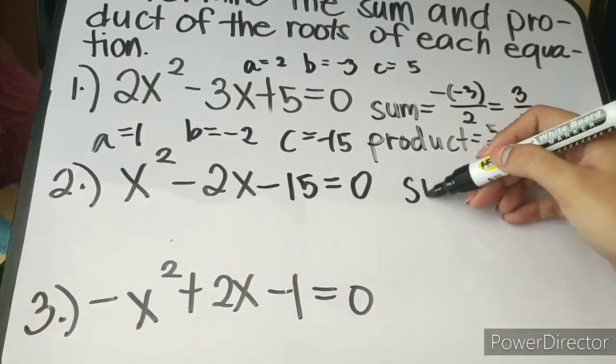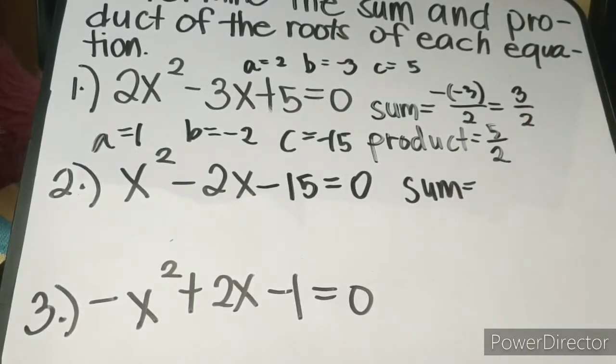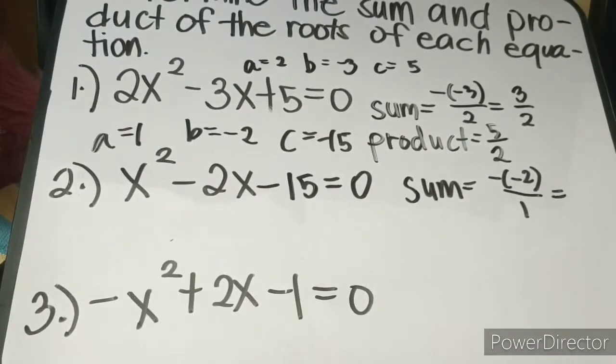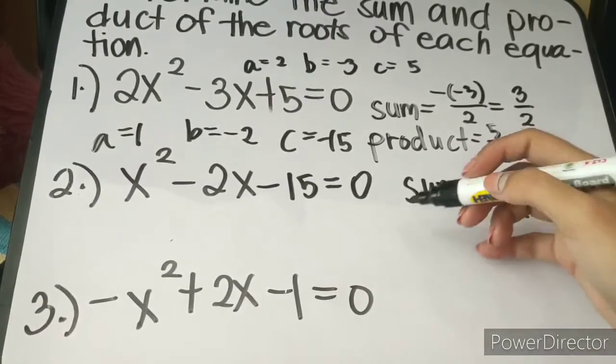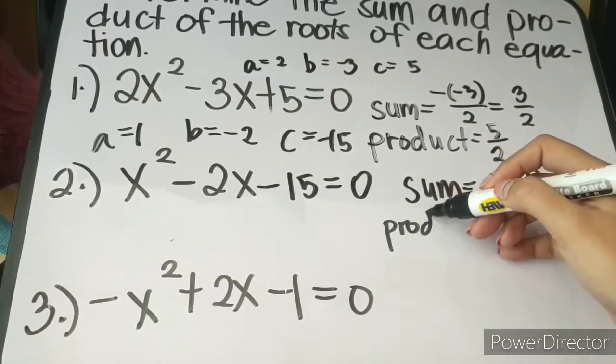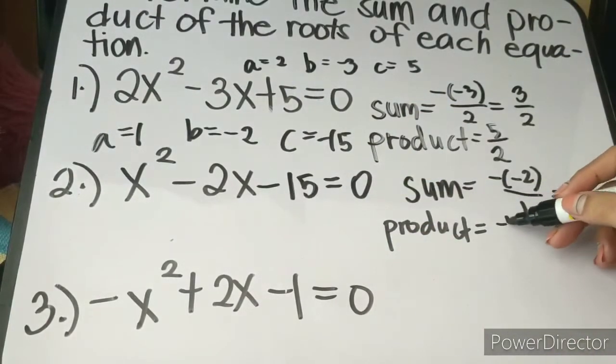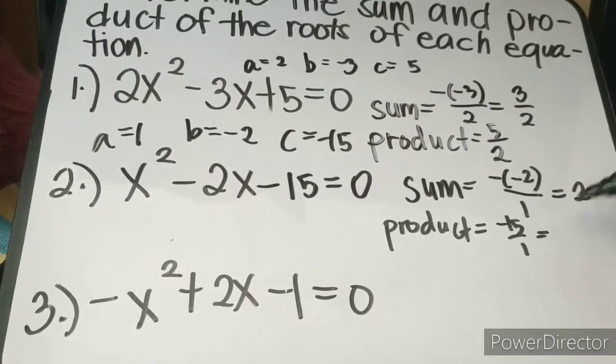Okay, let's now find the sum of our number 2. Sum is negative of our b, which is negative 2 over 1. So, simplifying, this is 2. Next is product. C over a. Ang c natin ay negative 15 over 1. Or we could just say negative 15.